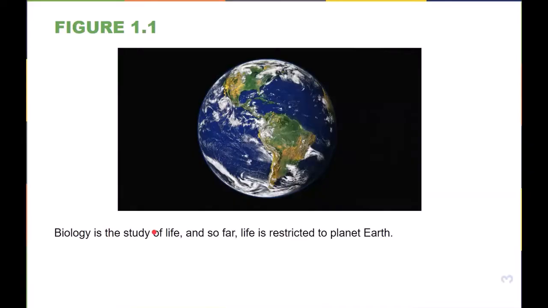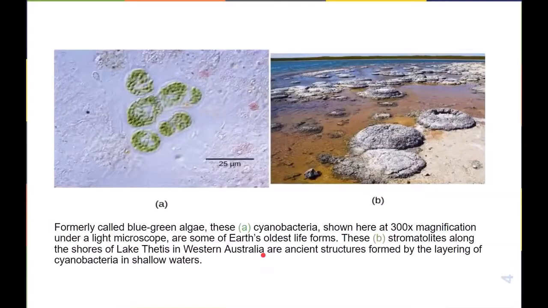Living things came on the earth a very long time ago, but only recently have multicellular things come on earth. So the earth is green here because there are large multicellular beings like plants that live on earth and we can actually see them.